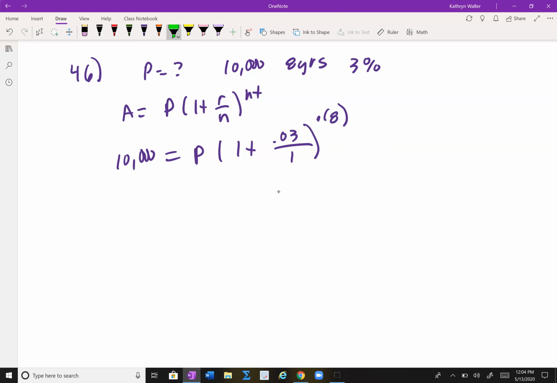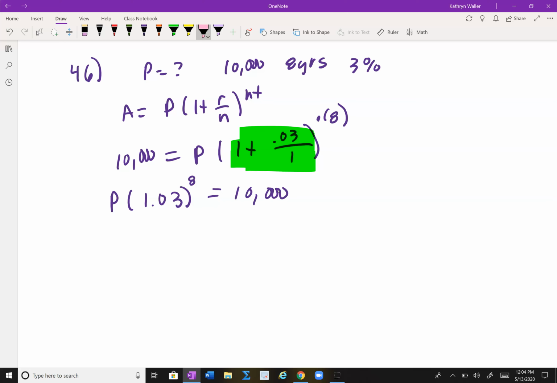So 1 plus 0.03 divided by 1. Put that in your calculator if you want. It's just 1.03. So you have P times 1.03 raised to the 8th is equal to 10,000. Now, you're trying to solve for P, and this is a constant that's just multiplied, so you're just going to divide by it.